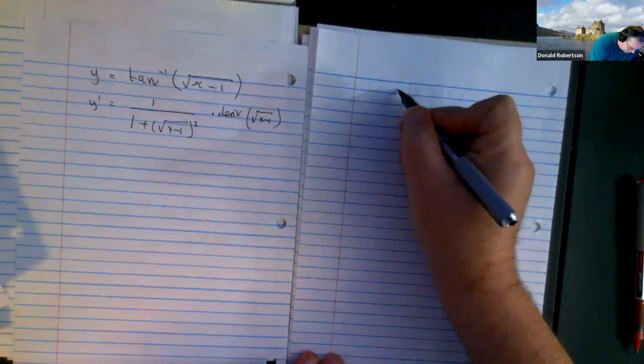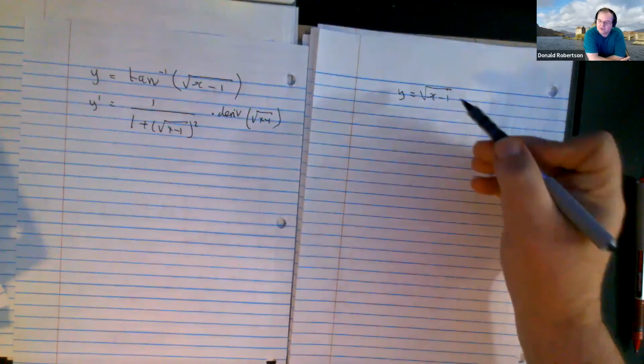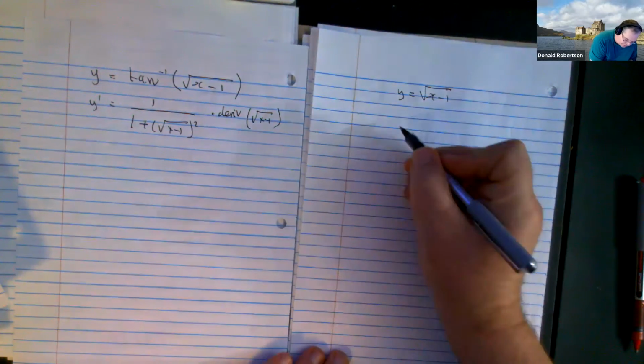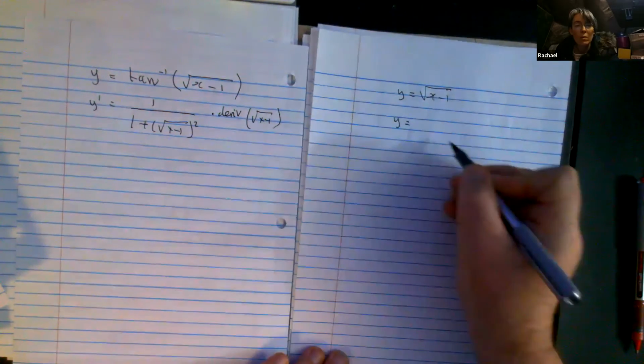So I need to find the derivative of this guy. Okay, what should I do to help me get to the derivative? What should I do to the square root of x minus 1? How should I rewrite it? How about that as another way of phrasing it? To the power of 1/2.